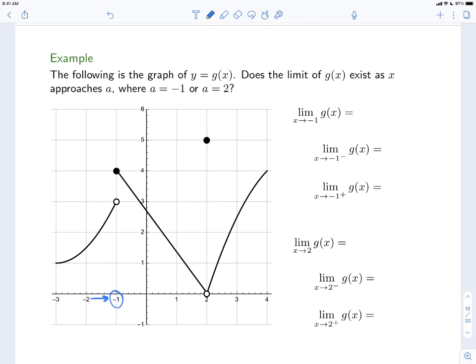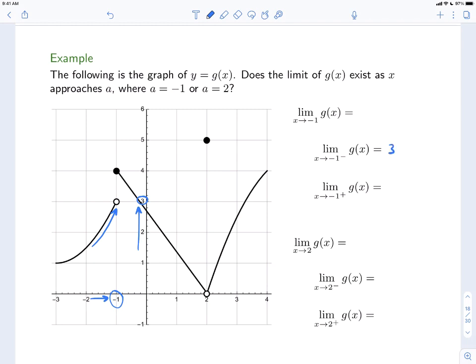So on the graph, you can see that we're approaching this point, which appears to have coordinates minus 1, comma 3. Now we're really interested in what's going on with the y value, and you can see that the y values appear to be approaching 3 in this case. So the limit as x approaches negative 1 from the left appears to be 3.